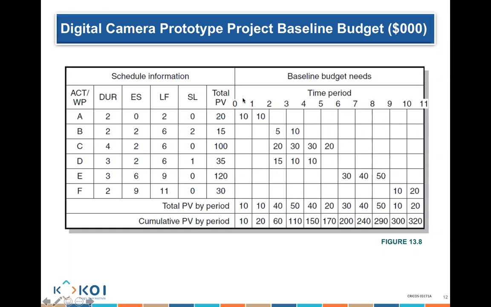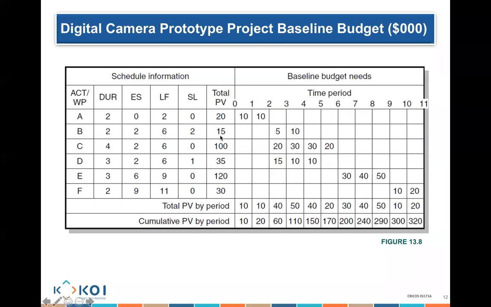Now, I am supposed to earn $10 in period 1 and $10 in period 2. What does that mean? That means I am supposed to earn 50% of the work in period 1 and 50% of the work in period 2.